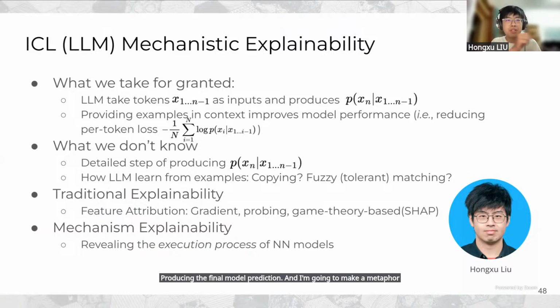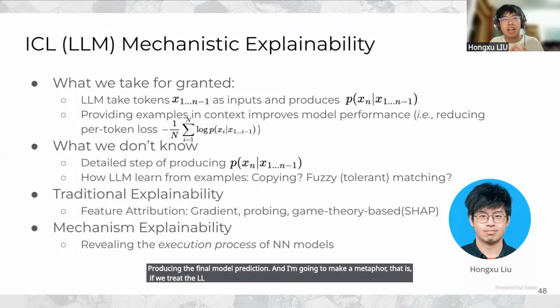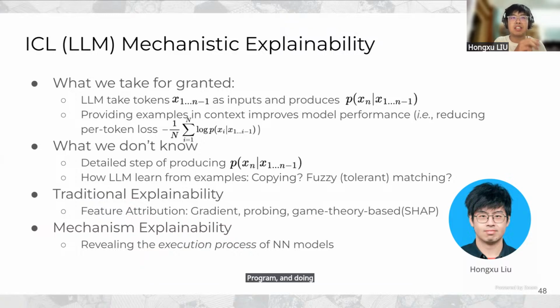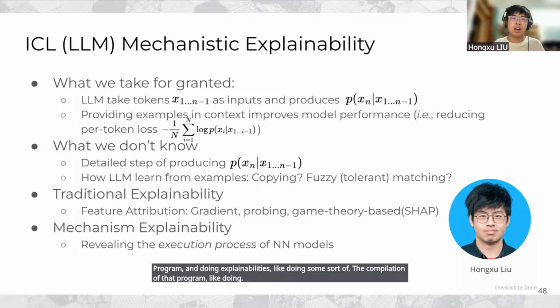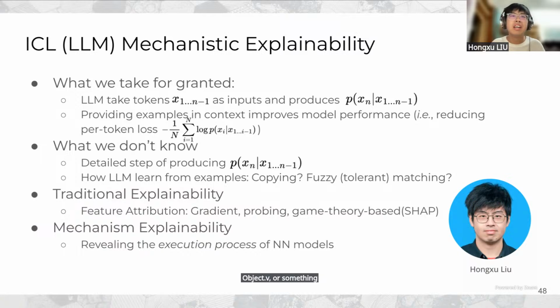I'm going to make a metaphor. If we treat the LLM as a complex binary program, then doing explainability is like doing decompilation of that program, like using objdump or something like IDA.